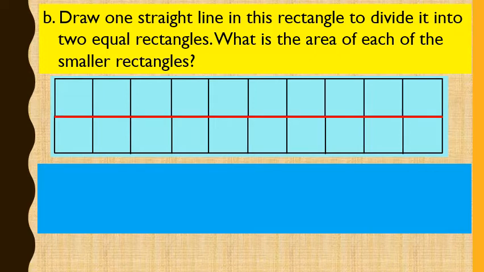So the area of each smaller rectangle will be half the area of the bigger rectangle, that is half of 20, that is 10 square centimeter.